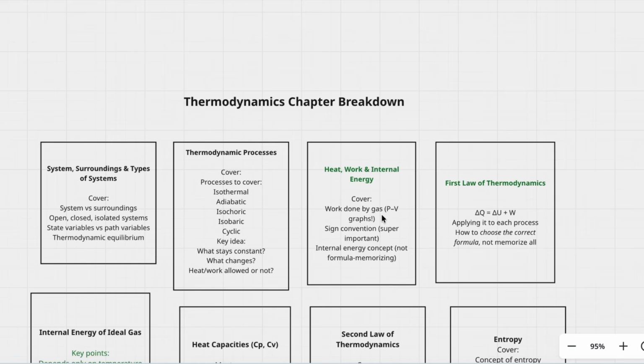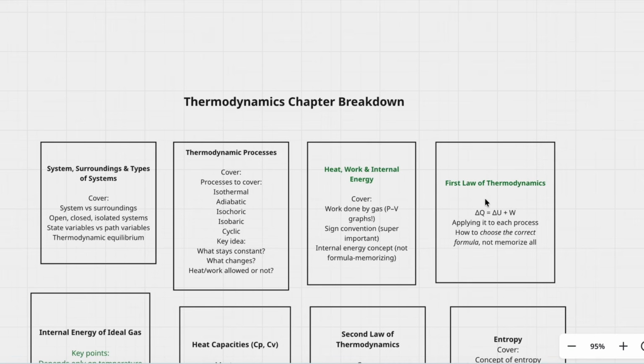Just decide on one sign convention and follow only that, don't change, so that you won't be confused in solving problems, and practice more problems on that sign convention only. And then the internal energy concepts are really important. You should know what this means and all, right?